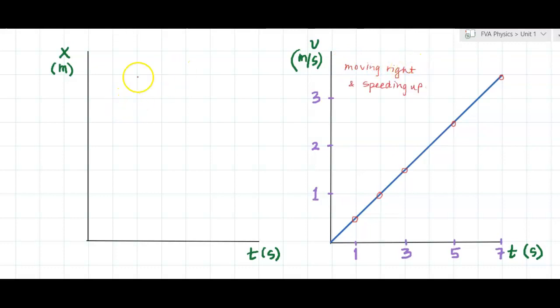Now the slope of a position time graph is the velocity. But this velocity is not the same. It's getting bigger and bigger and bigger. It starts out at 0. So like before, we can create what would represent a positive increase in our velocity because initially there's 0 velocity.